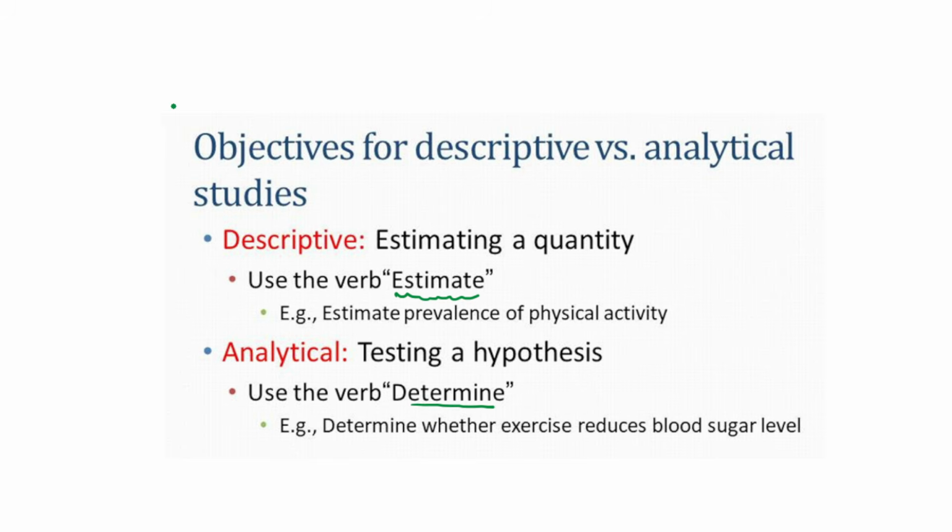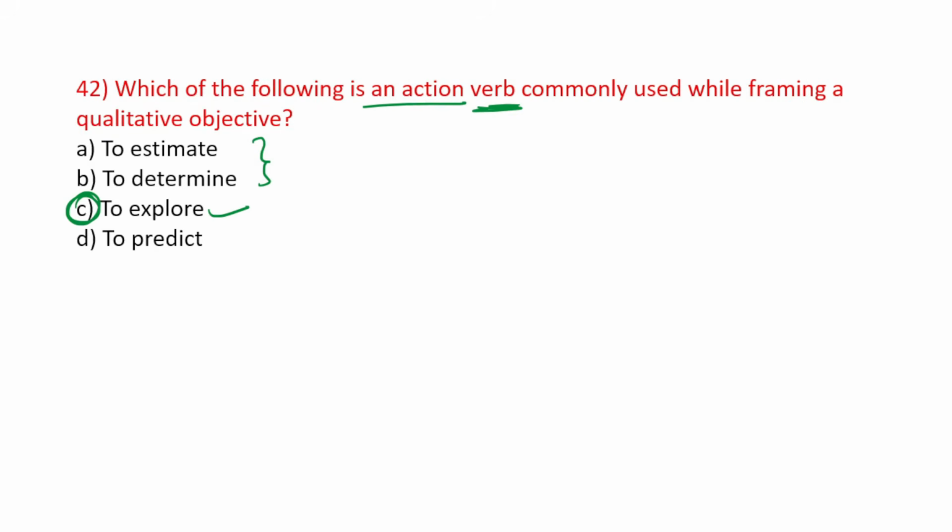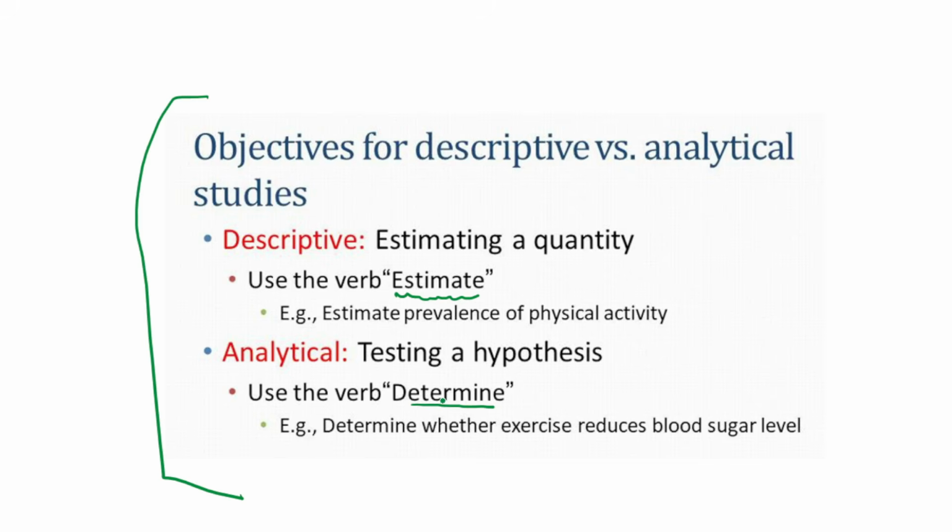So in that second chapter, please go back and review this discussion once again. I will repeat it over here, that the word estimate is used as a verb for descriptive studies, whereas the word determine is used for analytical studies.